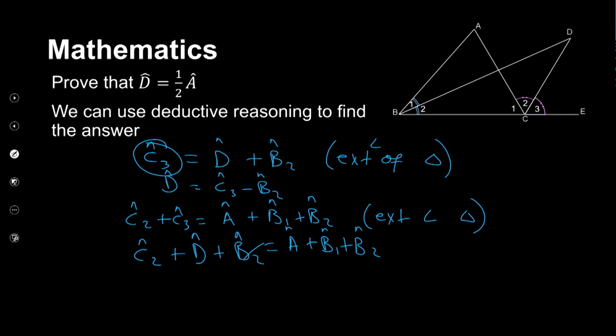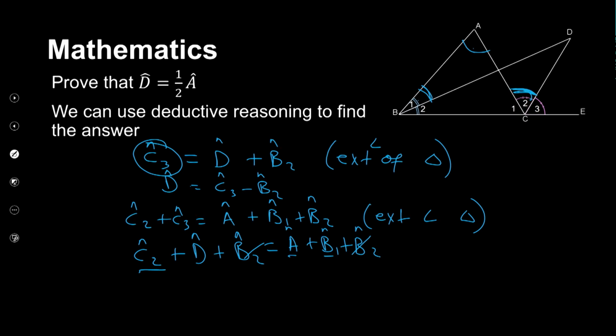And then B2 and B2, you know they're going to cancel there. And now what do I know? I know that based on this, C and the A and the B must have a certain relationship with one another, right? And here's my C2 here. I'm trying to relate it to the angle A and the angle B1 there, right? So these two angles there, I'm trying to relate it to this angle C2 there.